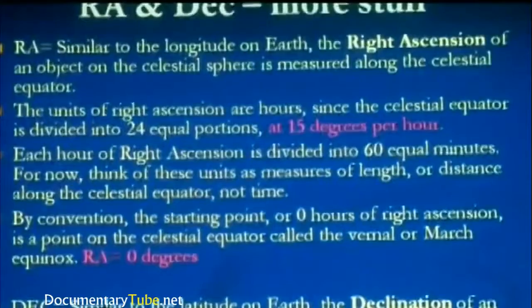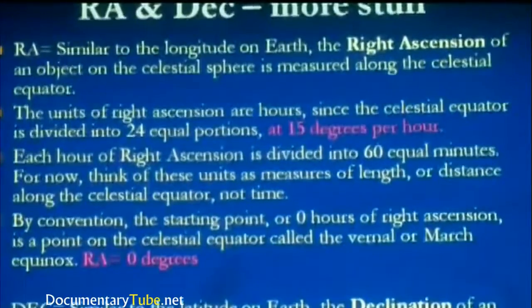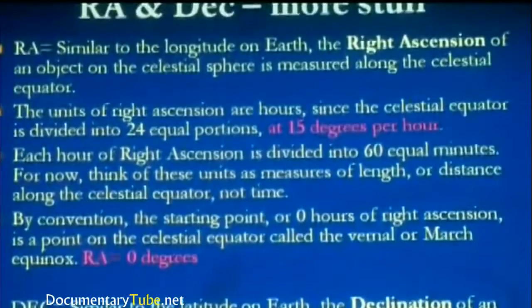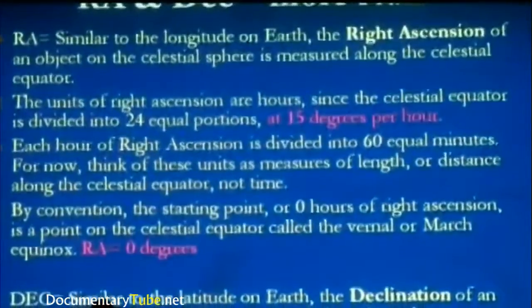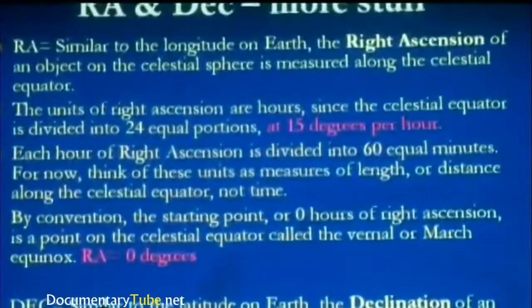By convention, the starting point, or 0 hours of right ascension, is a point on the celestial equator called the vernal or March equinox, where right ascension equals 0 degrees. There are 2 times a year that we have an equinox. One is called the March equinox, and the other is called the autumnal equinox. Everybody knows that the Earth is tilted.